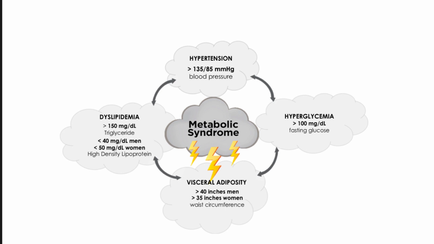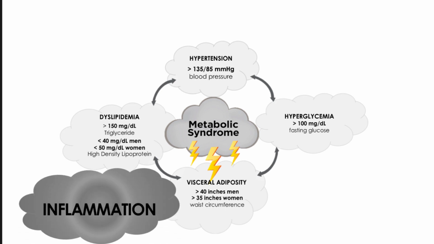So if you look here at what's called the metabolic syndrome, if you have 3 out of 4 of these factors or symptoms, then you technically have the metabolic syndrome. In the metabolic syndrome, you're much more likely to have a higher onset of cancer, heart disease, and diabetes.